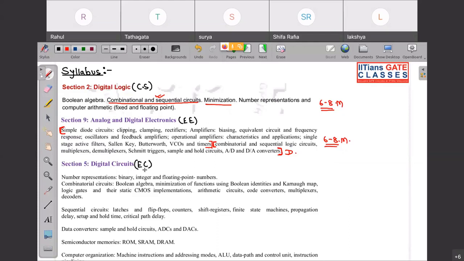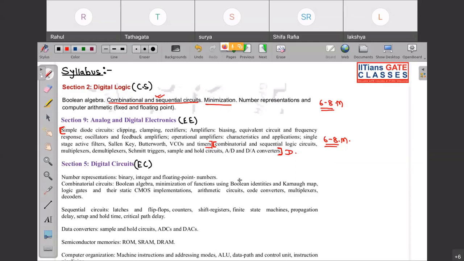For electronics and communication, the syllabus is quite vast and intensively written. If you see, over there it is just one line that says Boolean algebra, but here they have expanded it: number system representation, binary, integer, floating point number, then combinational circuit, Boolean algebra, minimization. Here they have expanded that one word.